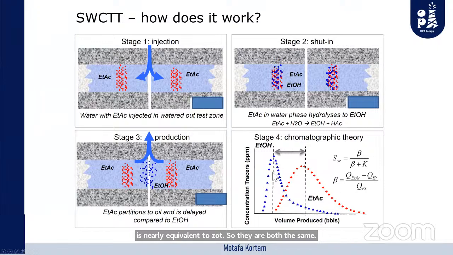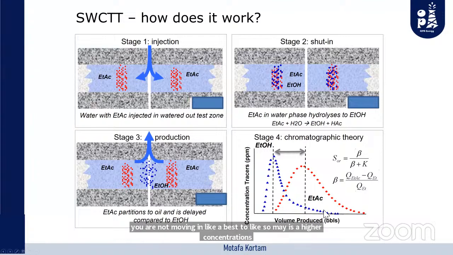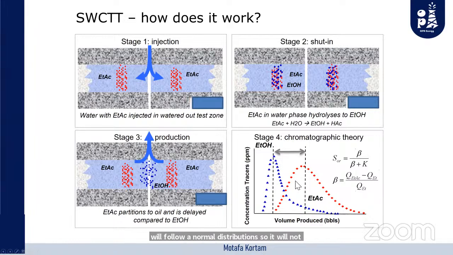Ideally, it should be a very narrow spike here and a very narrow spike here, but because you are not moving in a piston-like manner, the higher concentrations will follow a normal distribution. So a kind of dispersion will take place, and we will have this kind of configuration.